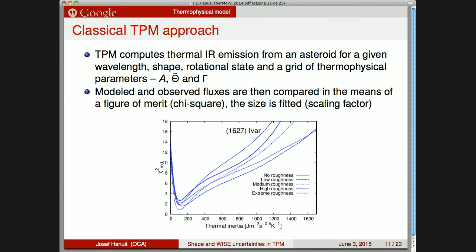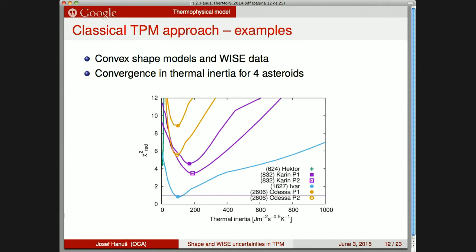And next, I will show you these kinds of images, but mostly only the envelope of the best solution. So this is basically the same plot for 4 different asteroids. Here you see still Ivar, but there are other asteroids like Hector, which has a very deep minimum near very low thermal inertia.